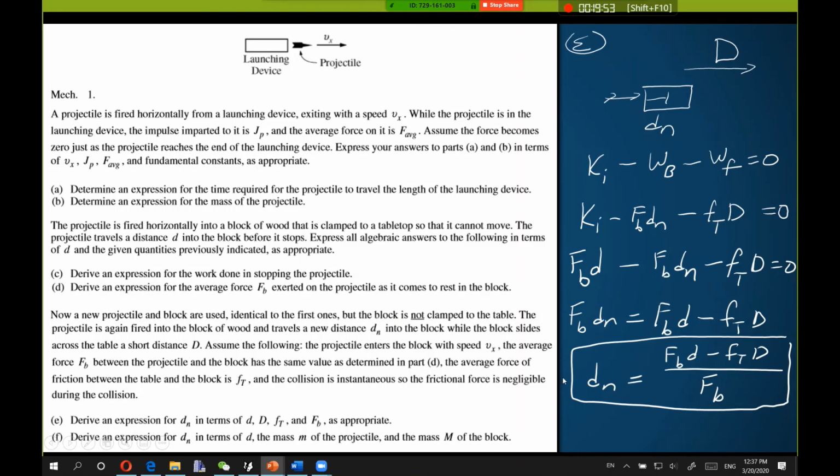If I resolve this one for part F, then I could say F_f D from this step is equal to F_f D minus F_f d_n.